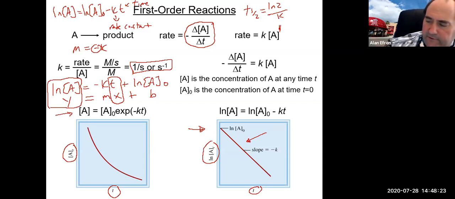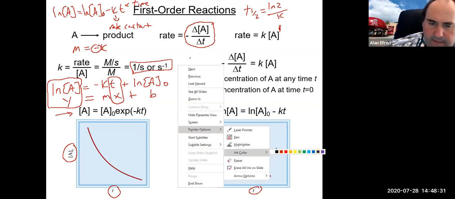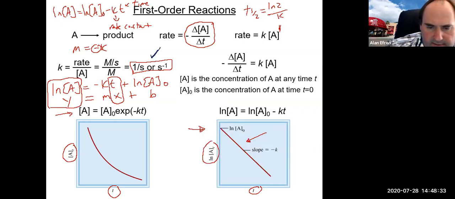So in terms of first order, much like what we talked about in nuclear chemistry, the important things from this slide that you do need to know are the units associated with the rate constant for a first order reaction. Again, as I mentioned before, they oftentimes will not tell you the order, just give you the value of k with the units, and you need to know it. You do need to know the integrated rate law here.